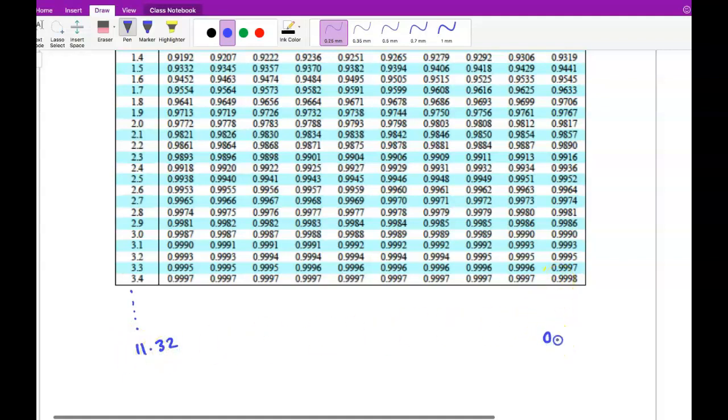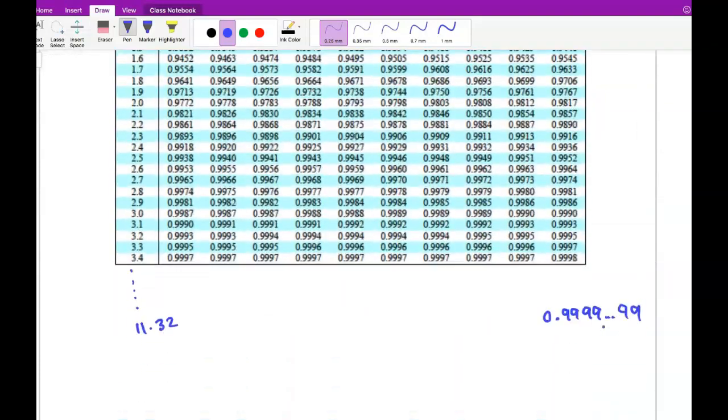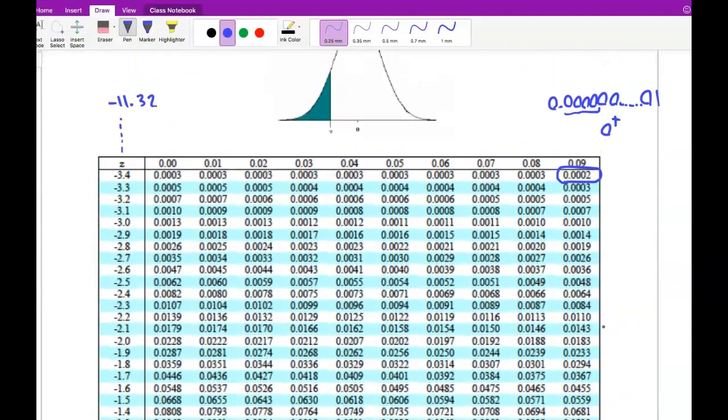Then you're going to have 0.9999. 3.99 is like that, so it's getting closer to 1. So for positive z-scores, when you're increasing that z-score, it's getting closer to 1. And for negative z-scores, when you're increasing that one, actually this is smaller. So when you have negative numbers, this is getting smaller based on the number line. That's why the probability for that is also decreasing. It's getting closer to 0.